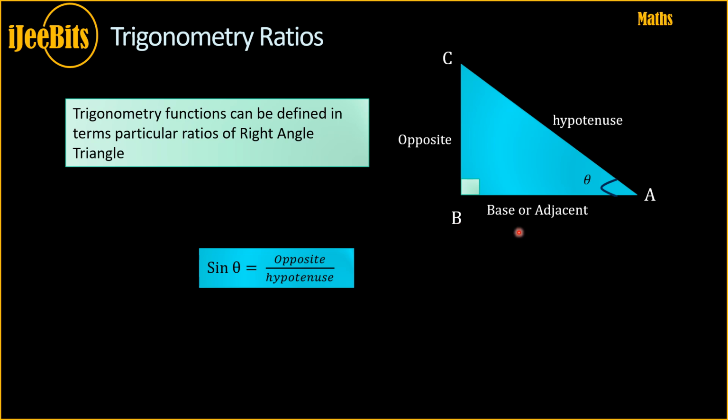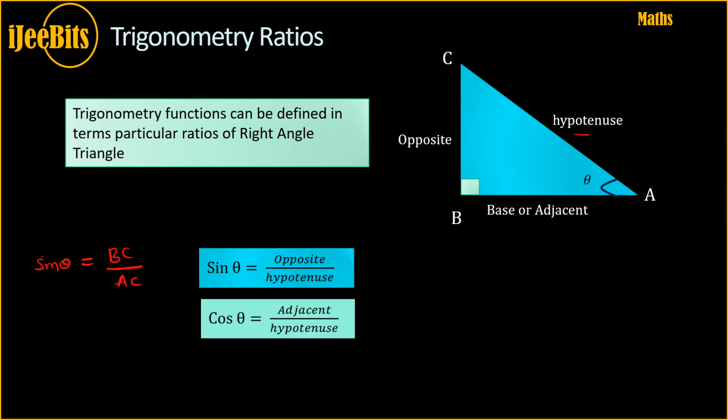This one is BC by AC, isn't it? So if I note down here, sin theta equals opposite, which is BC, divided by hypotenuse, which is AC.